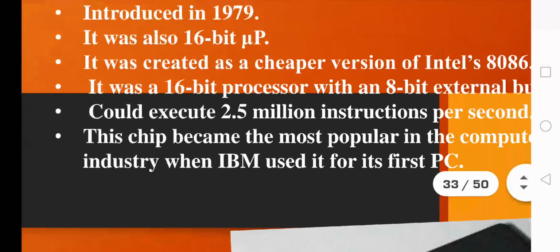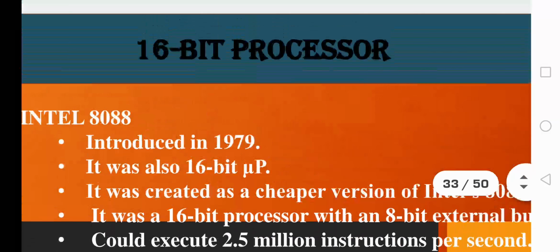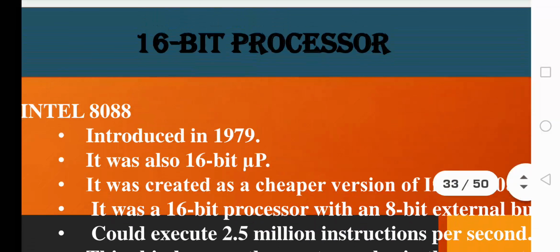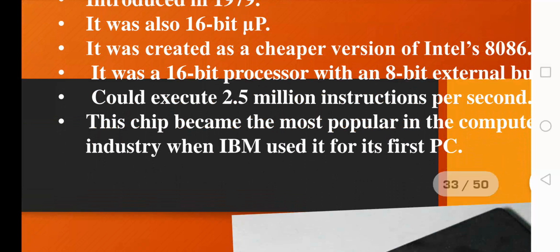Please be aware that this type of question can be asked in any interview: IBM used the 8088 microprocessor to implement its first PC.